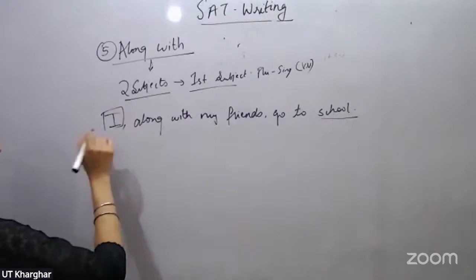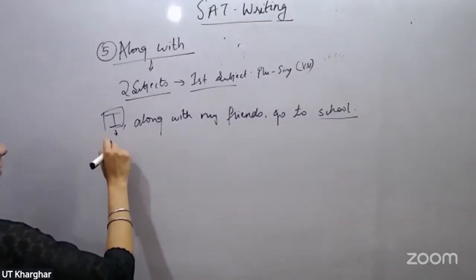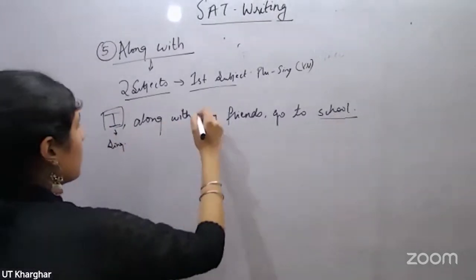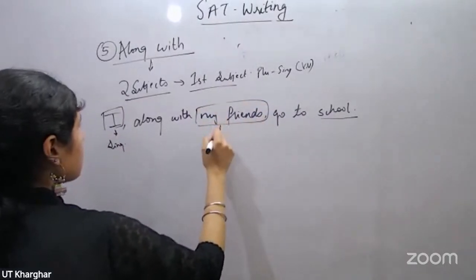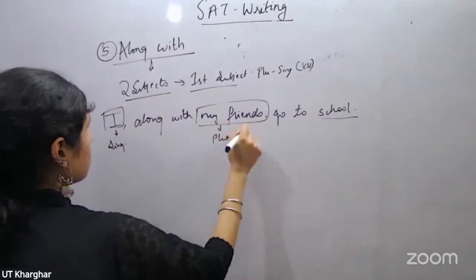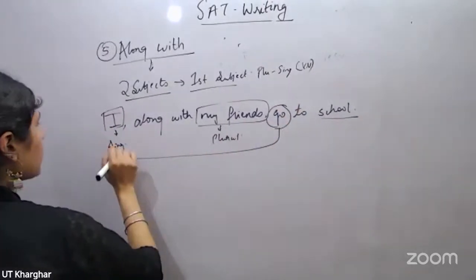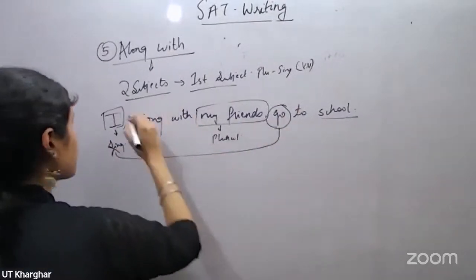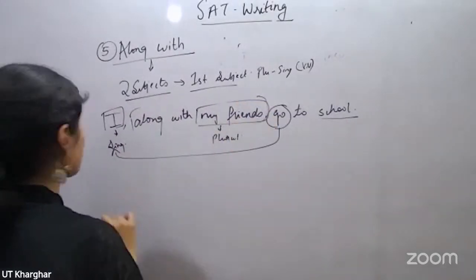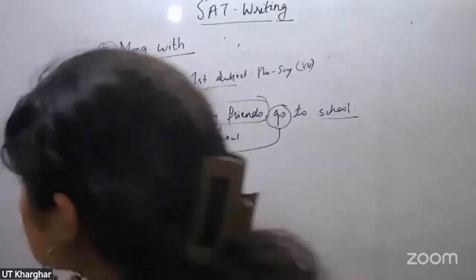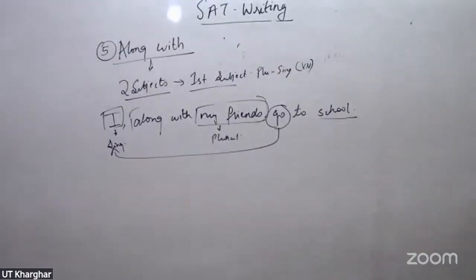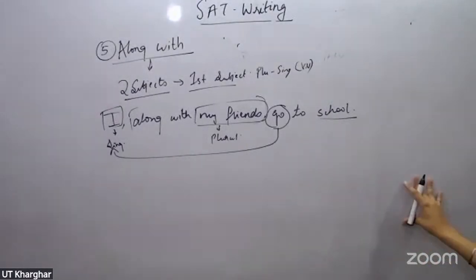I is a singular. My friends is plural. Now here go should coincide with the word I. I go to school. This along with my friend is something additional. Okay? This is additional information that is provided to you. I along with my friends go to school.